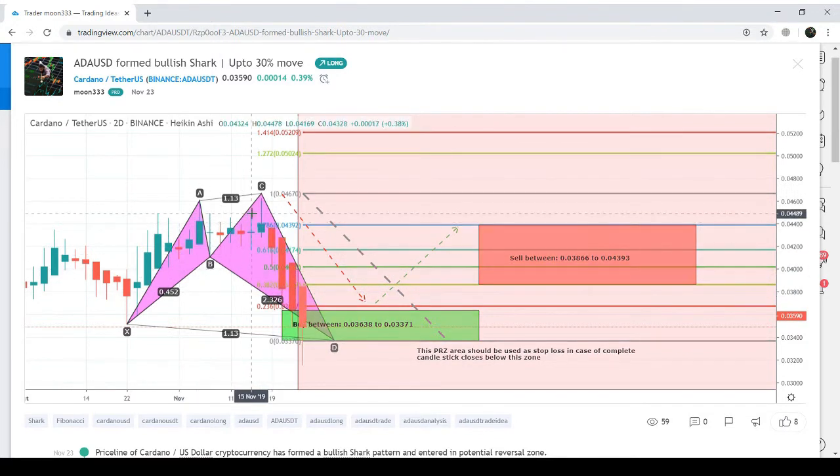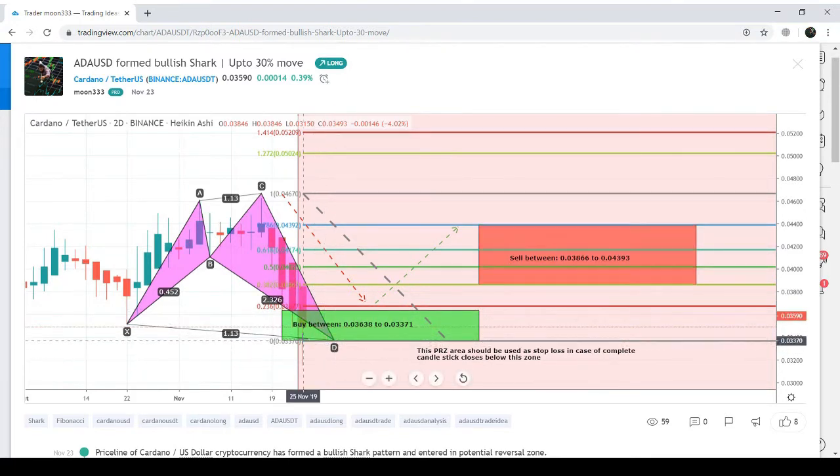And the B to C leg should be retraced between 1.13 up to 1.618 Fibonacci. Here we have a little bit of difference. It is almost retraced closer to the 1.13 Fibonacci, but almost all legs are driven as required for the shark pattern. Therefore, I have just ignored this little bit of difference. After that, the C to D leg should be retraced between 0.886 up to 1.13 Fibonacci.